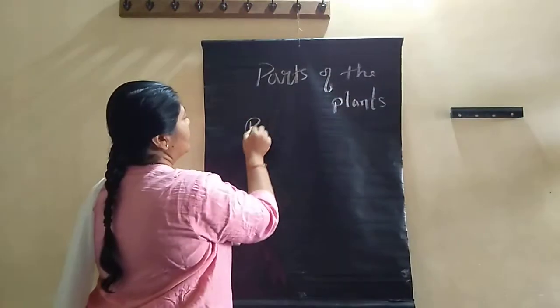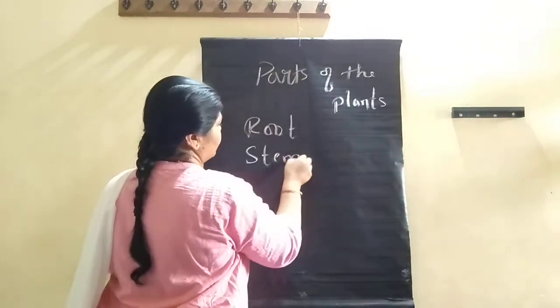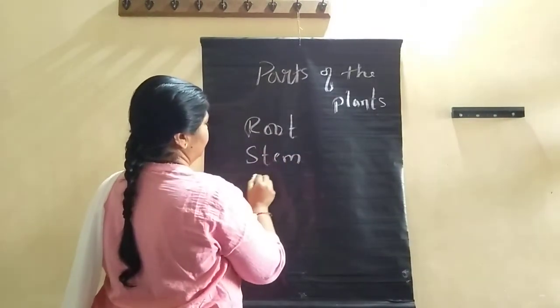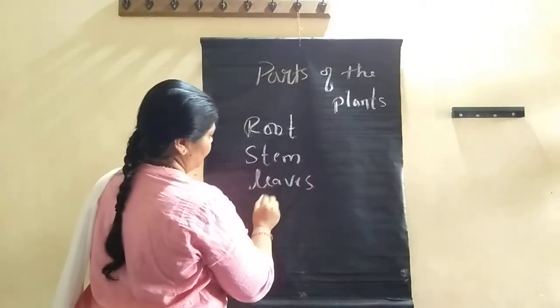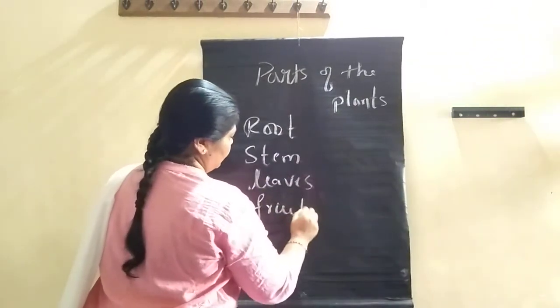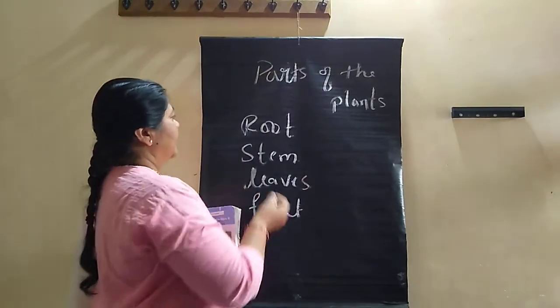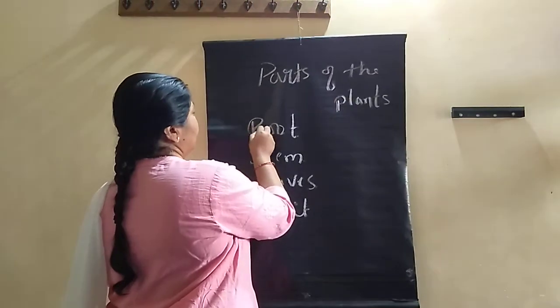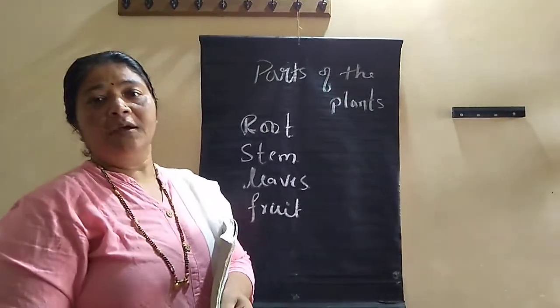You know that root, stem, leaves, fruit. These are the important parts of the plant, and these parts help in the growth of the plants.